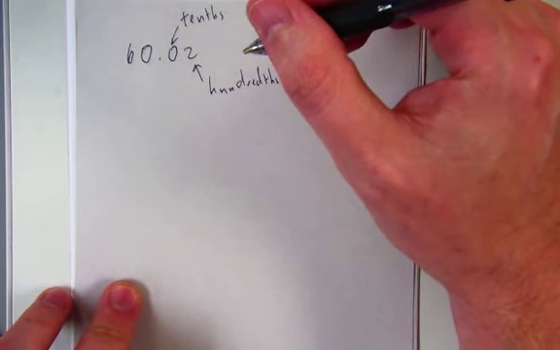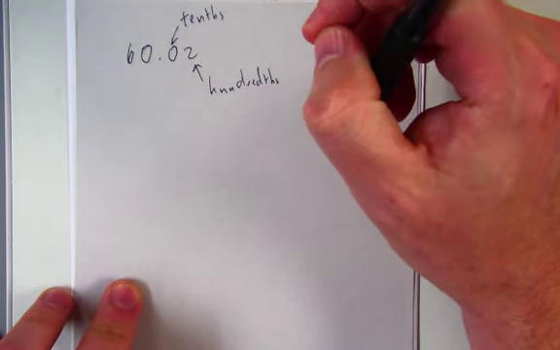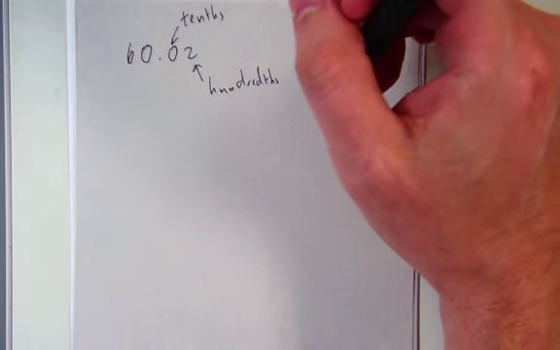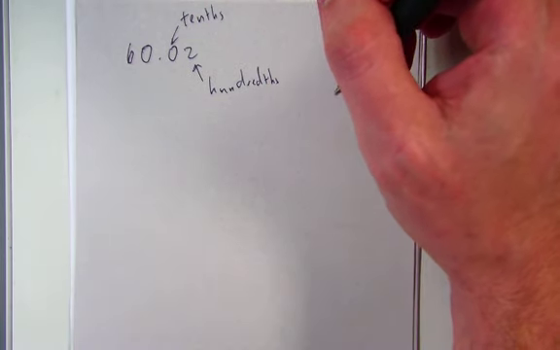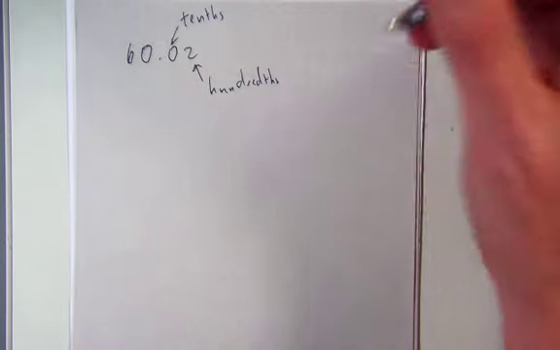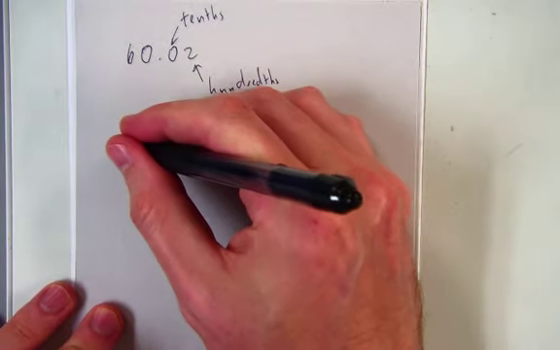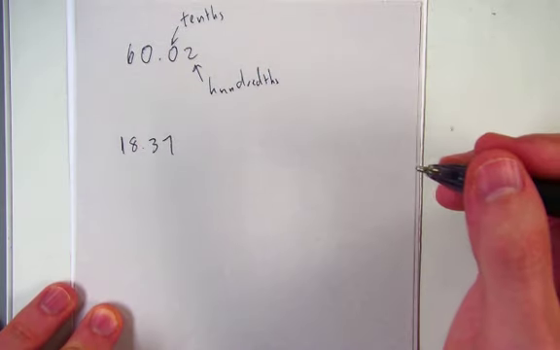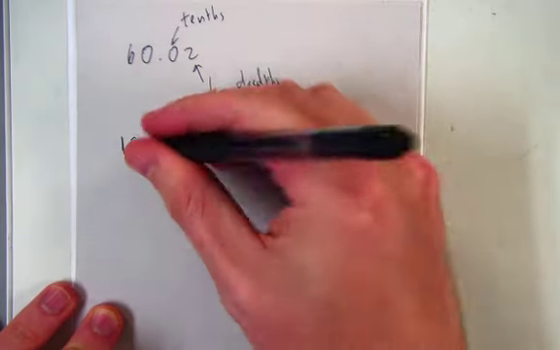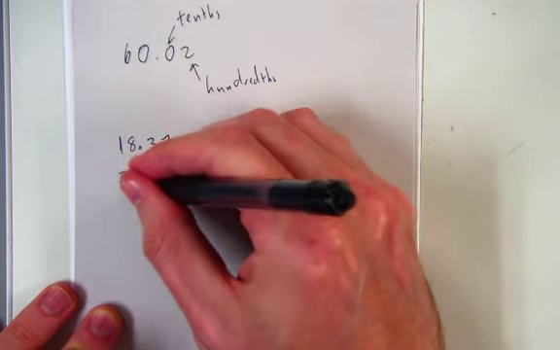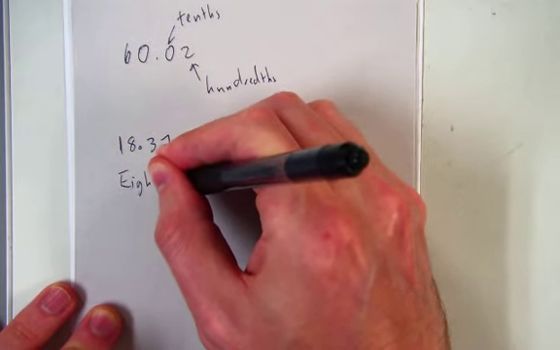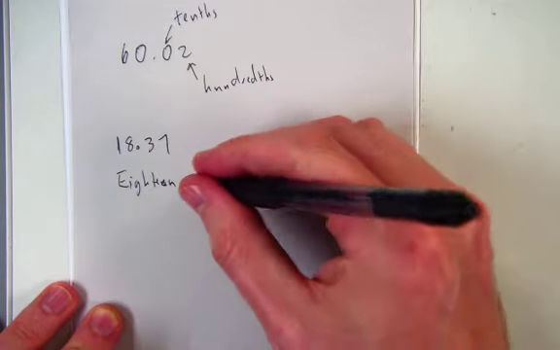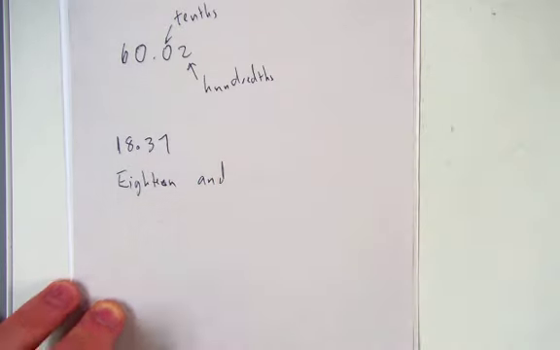When we're dealing with decimals, these are going to work very similarly to fractions in that they are ways to represent parts of whole numbers, okay? And we're going to ask you to write these numbers in word form sometimes, like if we give you something like this. We're going to start with 18. Whenever we have a decimal point and we're trying to write it out in words, we're going to use the word and in that place.